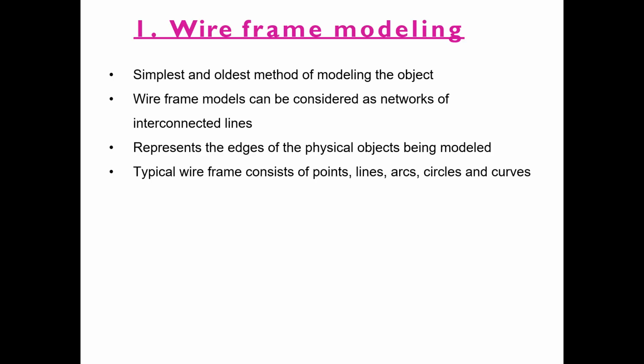We use a hashed line or a dashed line to represent a hidden area, which is not visible for a particular viewing angle. Similarly, in wireframe modeling they used a similar kind of procedure, and it was the oldest method. It consists of a number of interconnected lines, points, arcs, etc., and represents the edges.